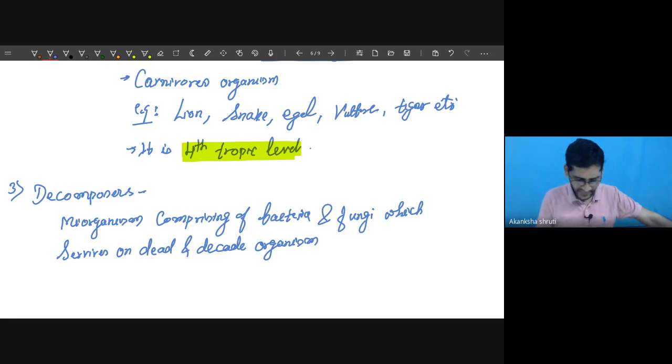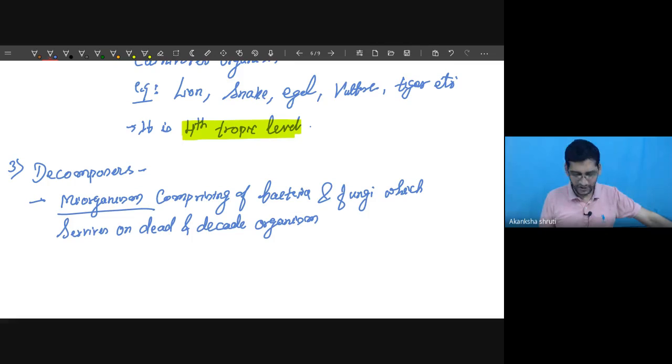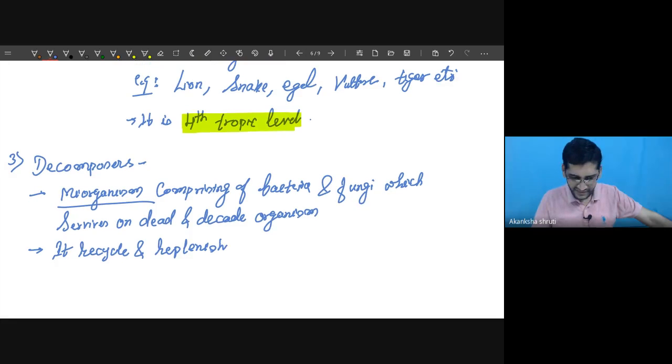So it need not be only microorganisms, maybe the bigger one like vulture also. So what is happening? It recycles and replenishes. We may also call this replenish, means putting back, the food chain.